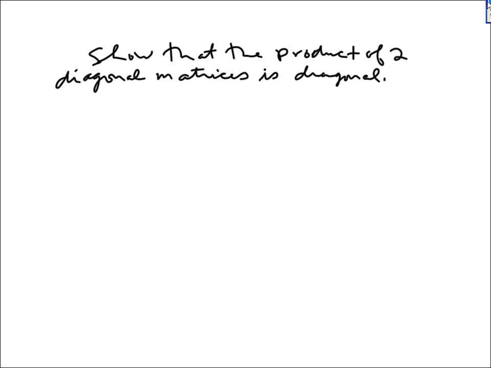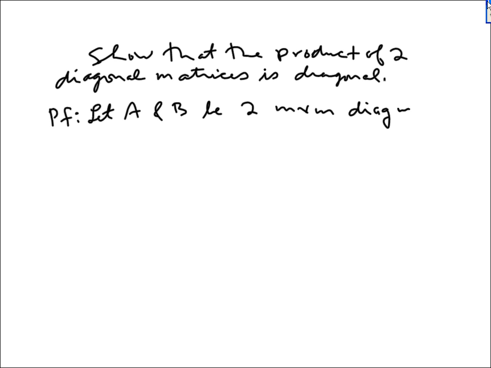Of course, it's built in that the two diagonal matrices are of the same size. A proof. Let A and B be two m by m diagonal matrices.